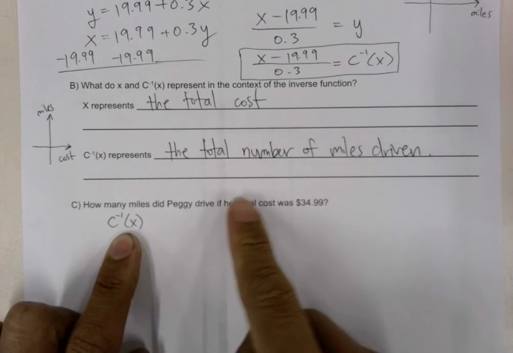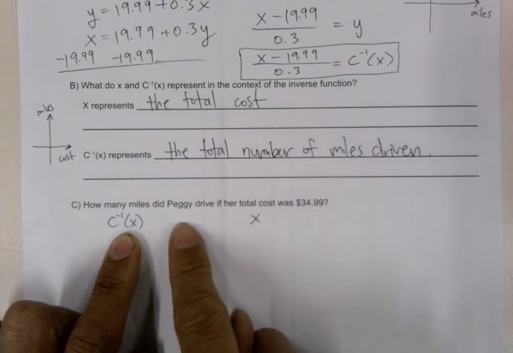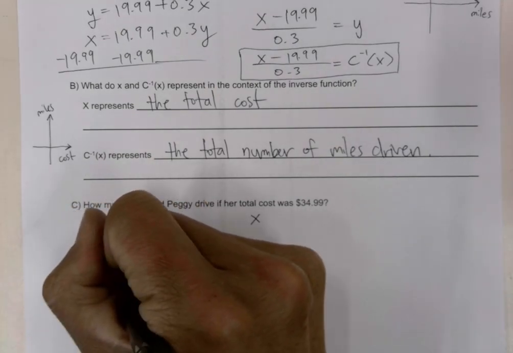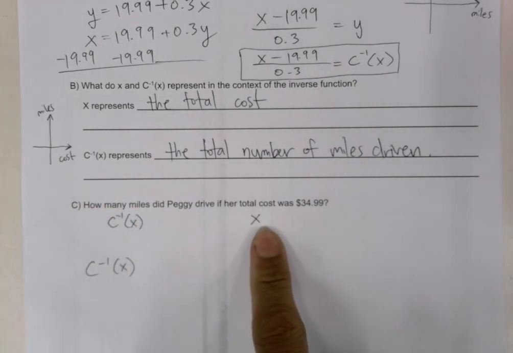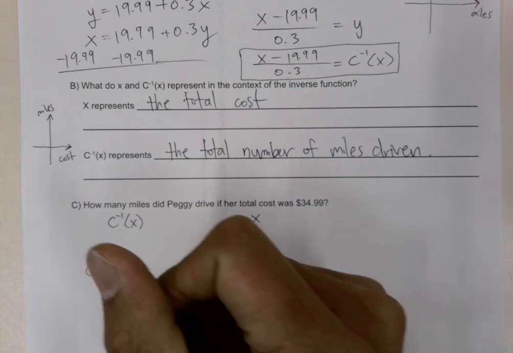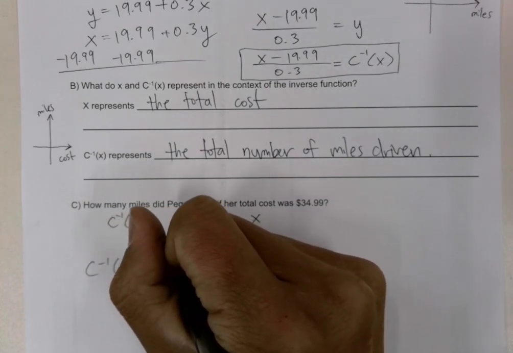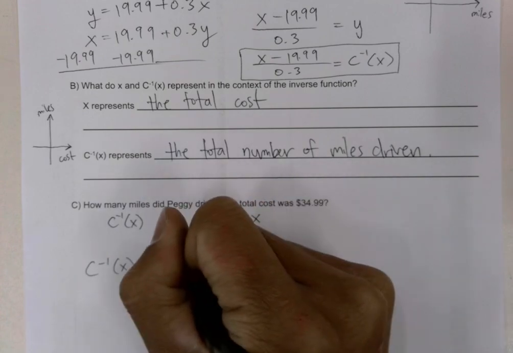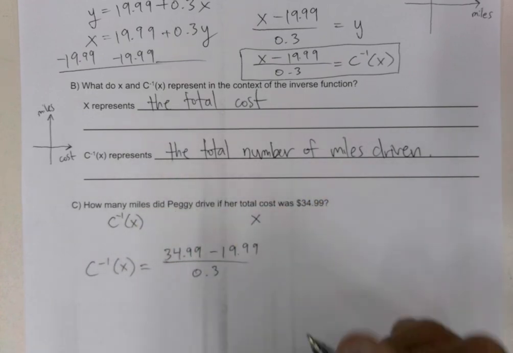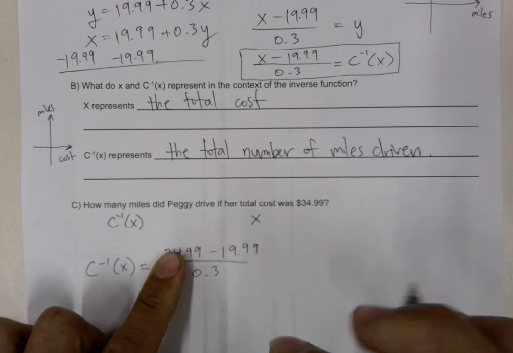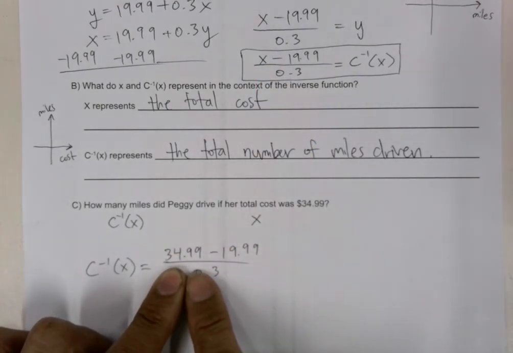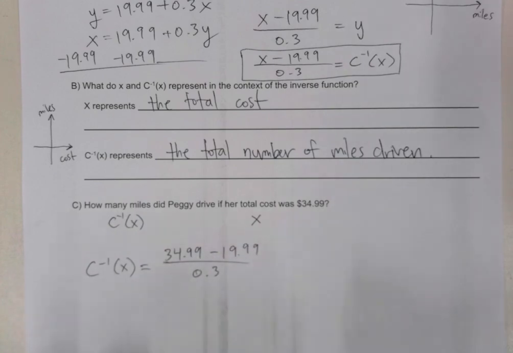So let's go ahead and plug in to our equation and find out what is the inverse of c of x if our x is $34.99. So here we have substituted 34.99 for x, and we're given this equation.